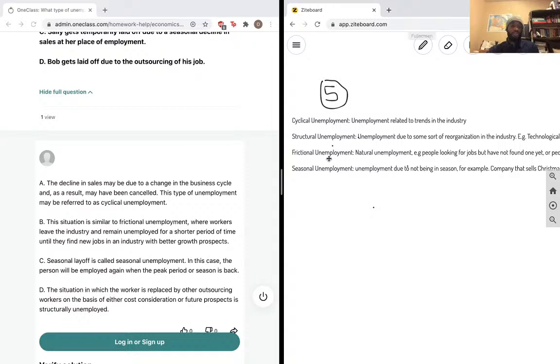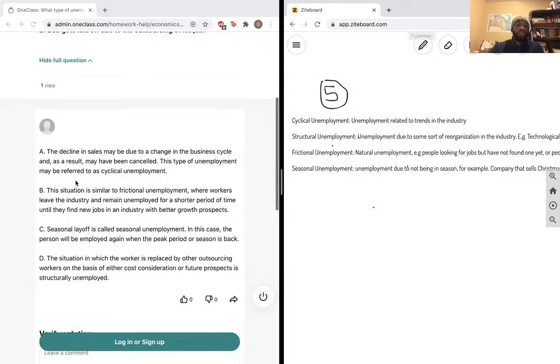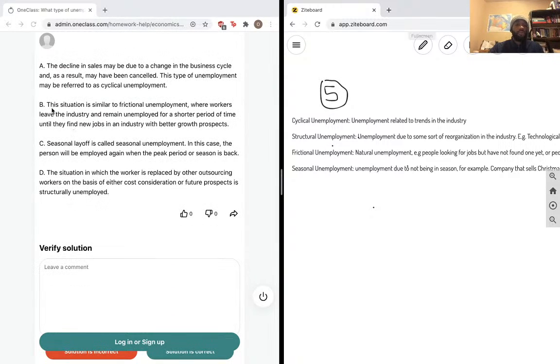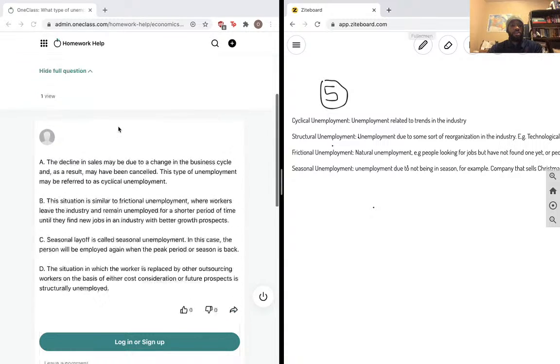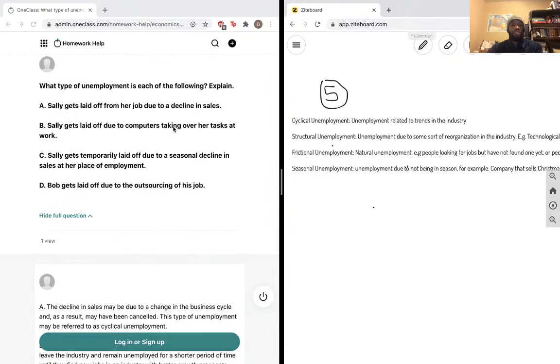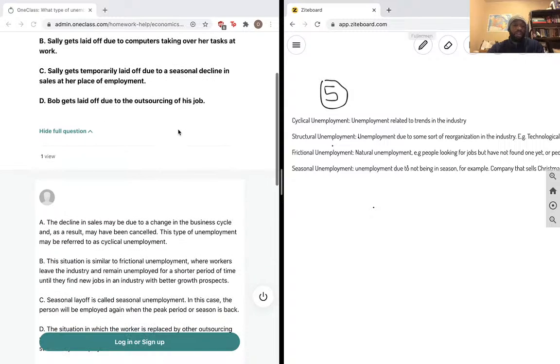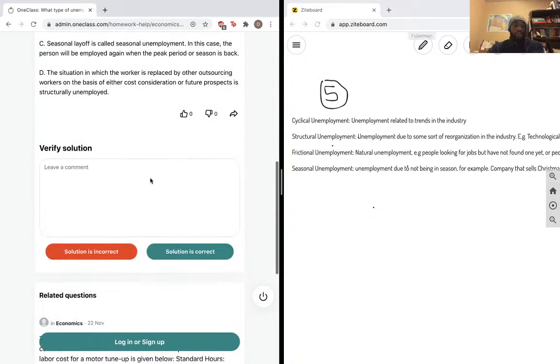So he's been laid off and he's looking for a new job, and it's just natural unemployment. So I'll say this could be structural or frictional. So the only one we don't agree with is B. We believe B is structural unemployment due to the technological advancement causing Sally to lose her job.